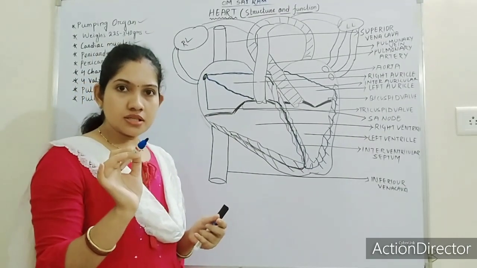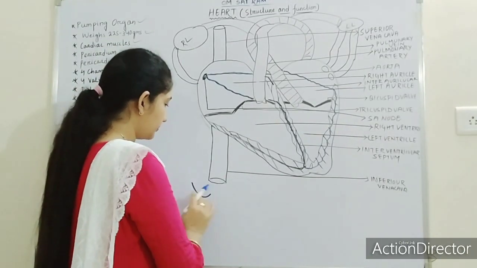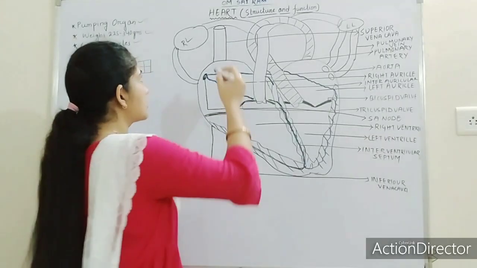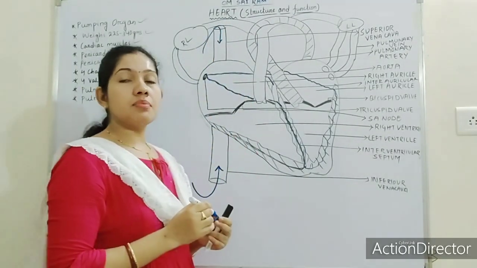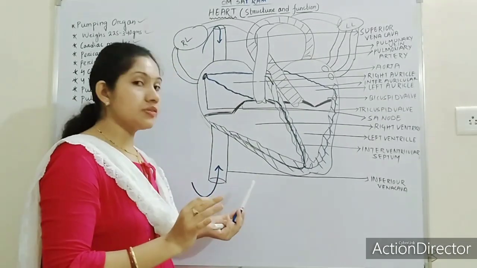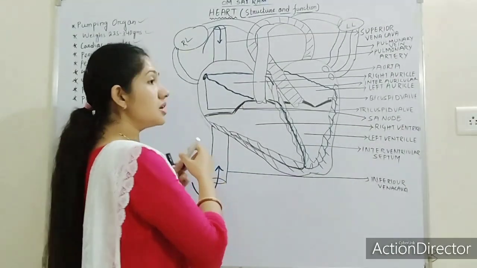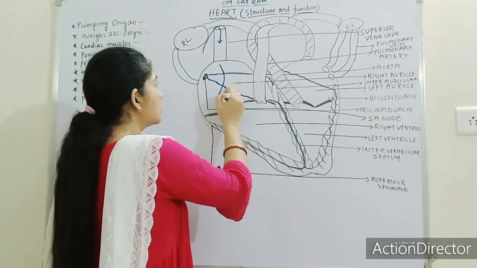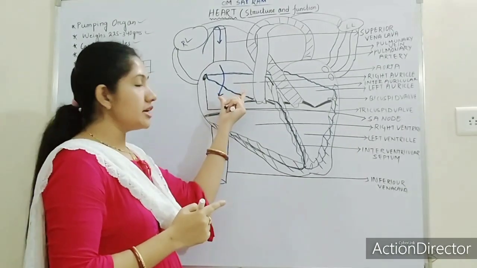So the deoxygenated blood I am marking with blue. The superior vena cava collects from the upper half of the body, the inferior vena cava from the lower half, and they will pour the deoxygenated blood into the right auricle.